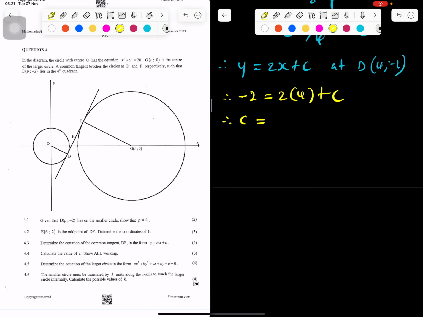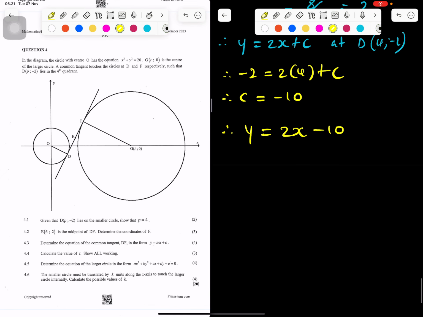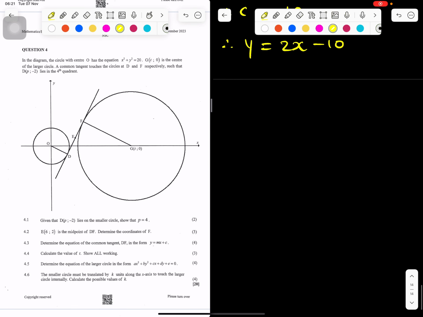Therefore, c will be minus 2 minus 8, so that should be negative 10. Therefore, y will be 2x minus 10. Okay, that is the equation of the common tangent DF in the form of that one.